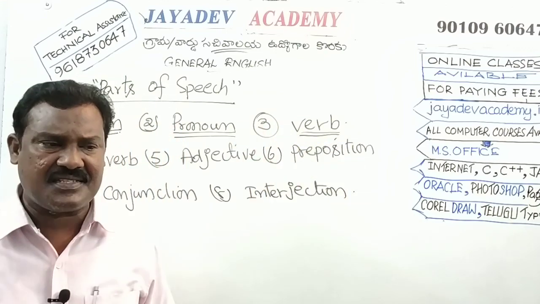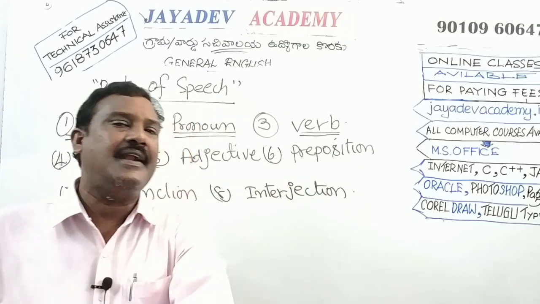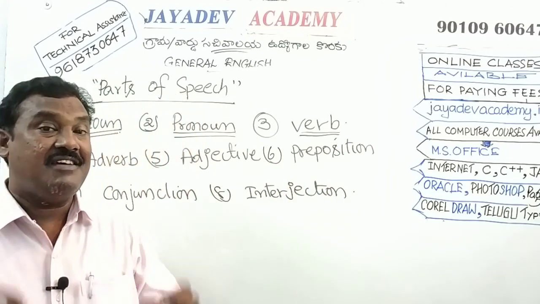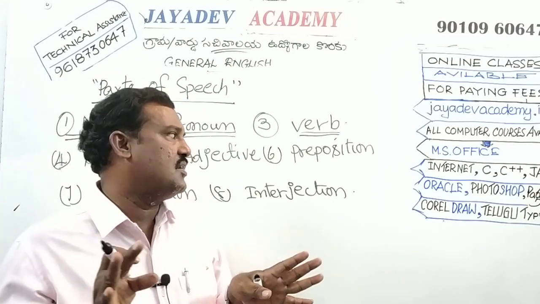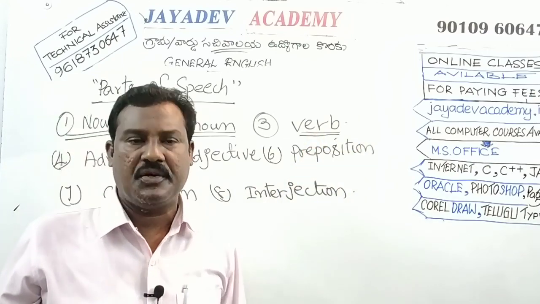Every person has one state or position. Who is he? He is a doctor. Who is she? She is a liar. Every person has a state or position. To express that position, only be forms we have to take.